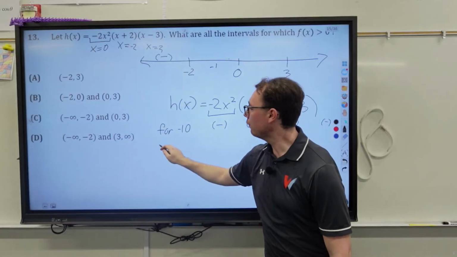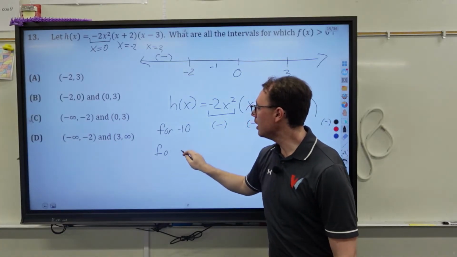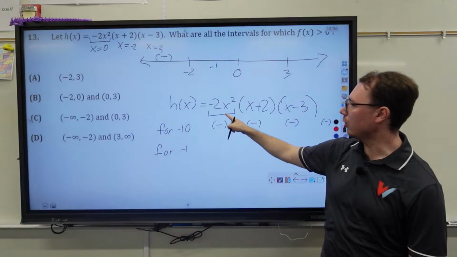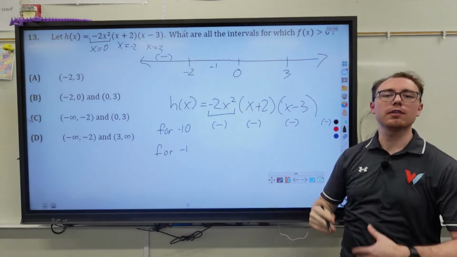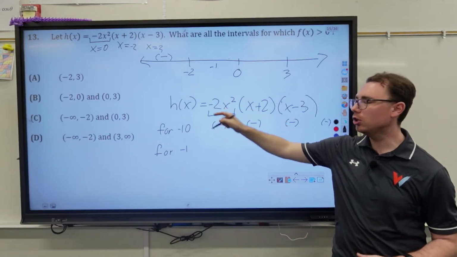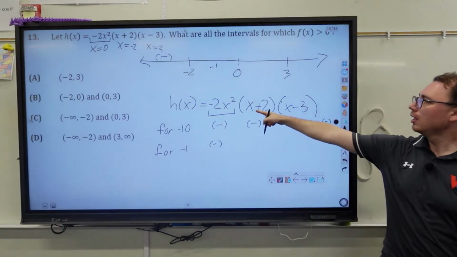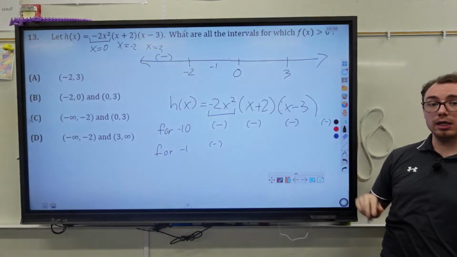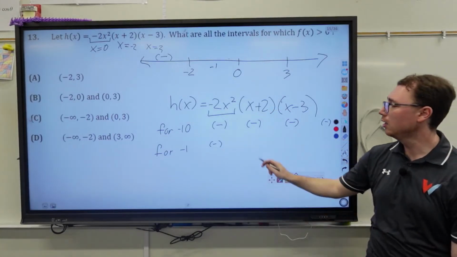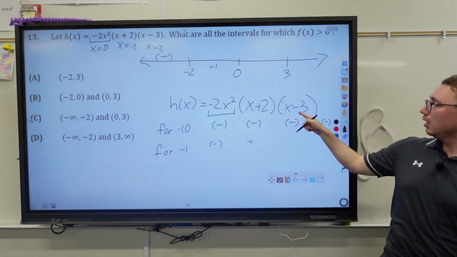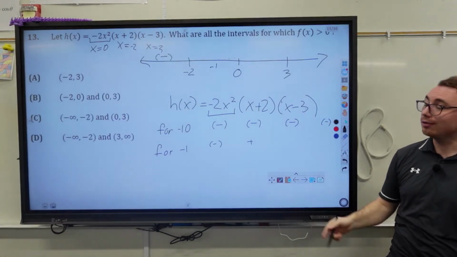For -1, if we plug that value in, -1 squared gives us +1, times -2 is some negative number. So we get a negative number here. -1 plus 2 in this case gives us a +1, so we get some positive number. In this case, it's still going to be negative.